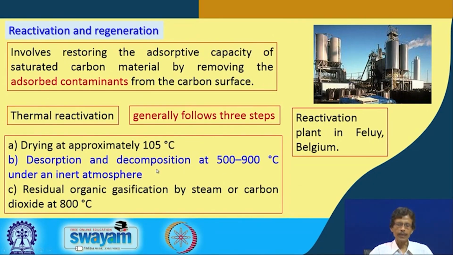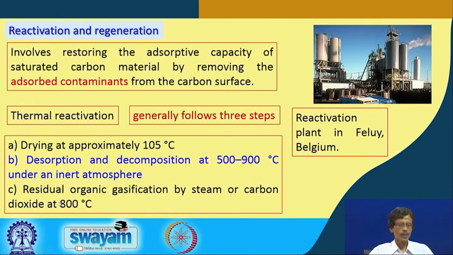But if that molecule is not thermally stable above 500 degrees centigrade, what happens? That molecule will be degraded. It will be broken into its individual parts, carbon as carbon dioxide or hydrogen as water.